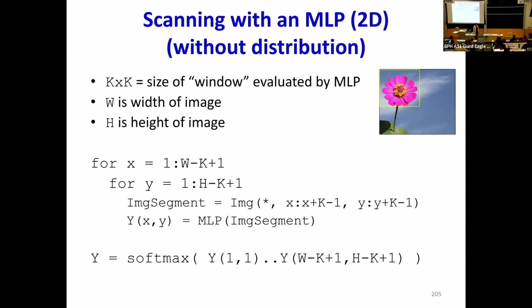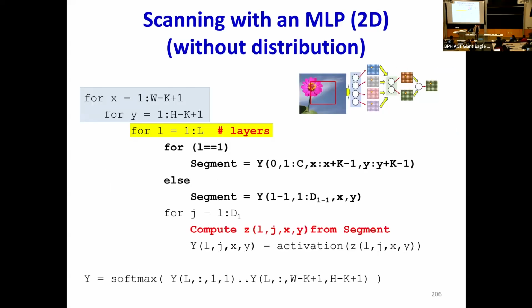Because at every layer, you're looking at a window of the map computed by the previous layers. Is the pseudocode clear to everybody? Earlier, when I was scanning without distribution, for the first layer I was pulling out a window; otherwise I was just looking at a single pixel from the previous location.